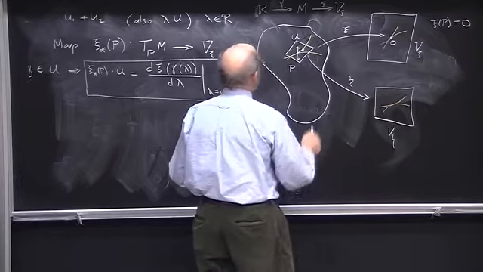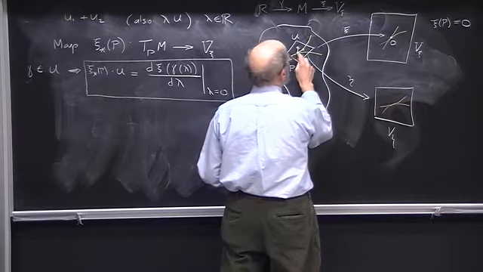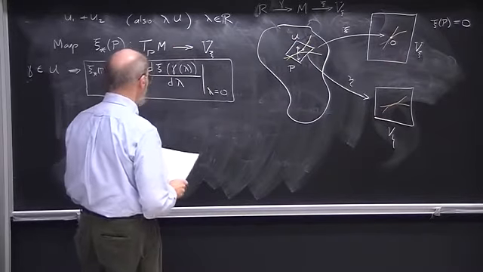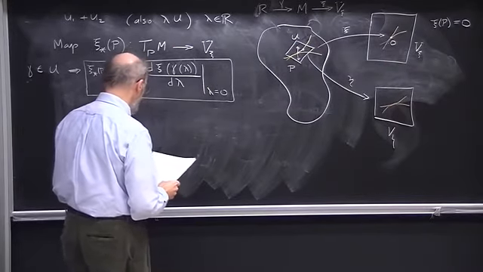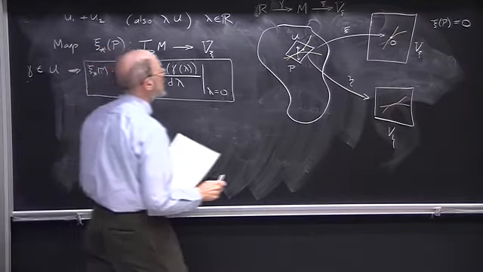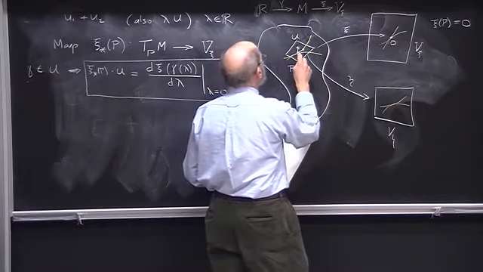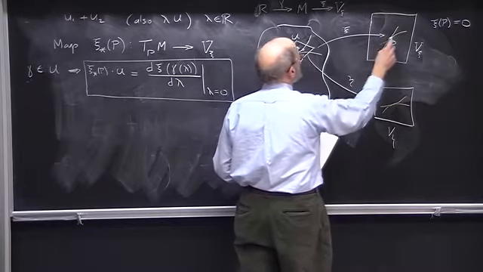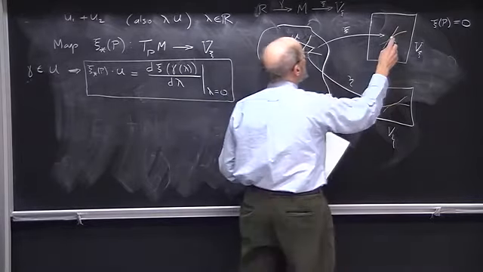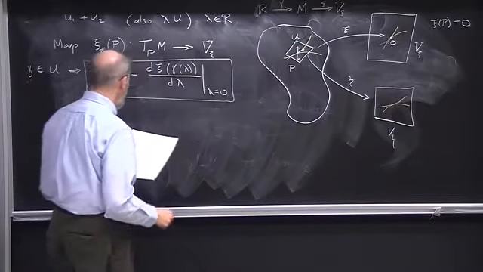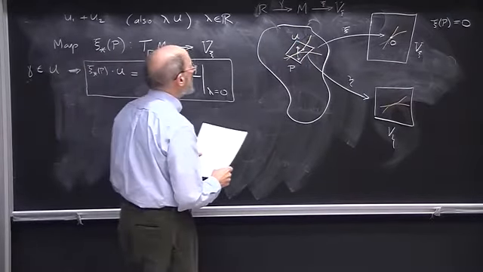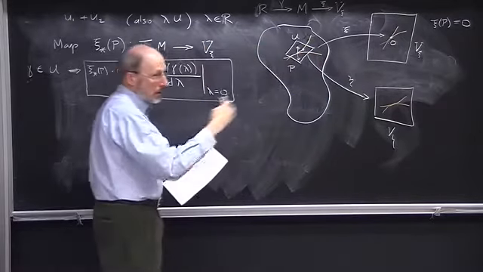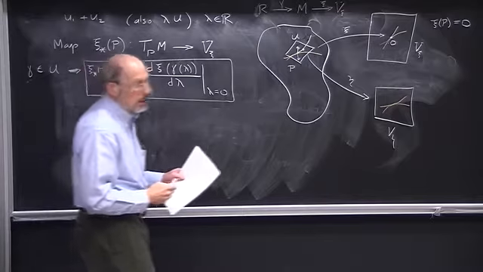So it's saying the tangent vector to a curve here goes over to the tangent vector of the image curve in the vector space C. Now, once we have this, then we can map between vectors in the manifold itself and vectors in this chart space, V sub C. Or we can do that if the map between vectors here and vectors here is a bijection, if it's one-to-one invertible.